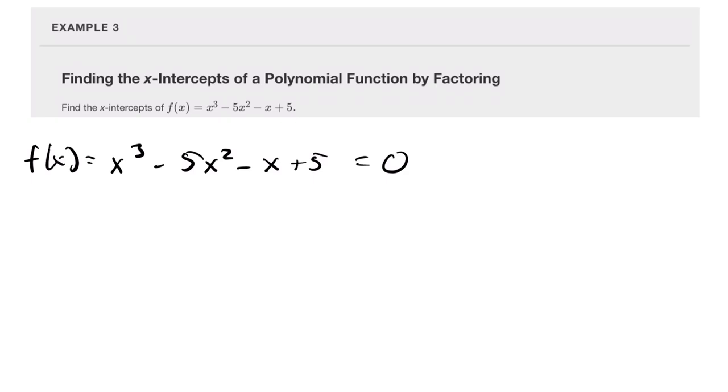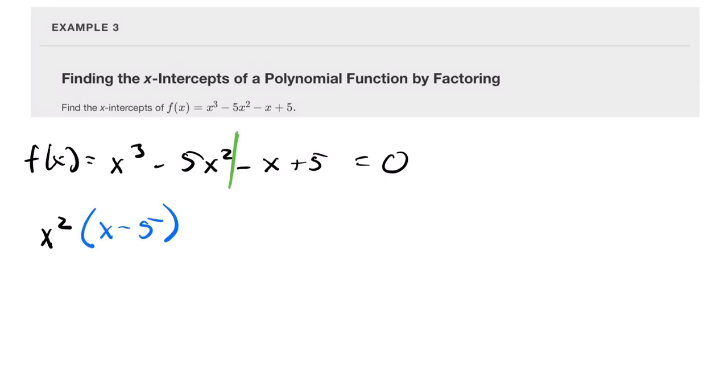So when we have 4 or more terms, we try to factor by grouping. I'm going to group the first 2 together and the second 2 together. If I factor out the GCF from the first 2, we can factor out x squared, and we're left with x minus 5.